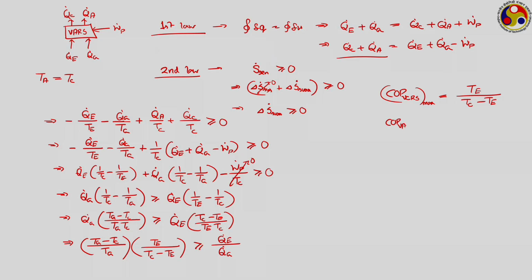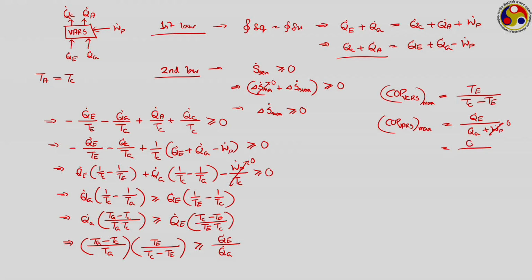In that case, what will be the COP? So, COP for this VARS max will be, now the normal definition of COP for this case is the refrigeration effect divided by total energy input that you are giving, which is Q dot G plus W dot P. Again W dot P being very small, let us remove this one.